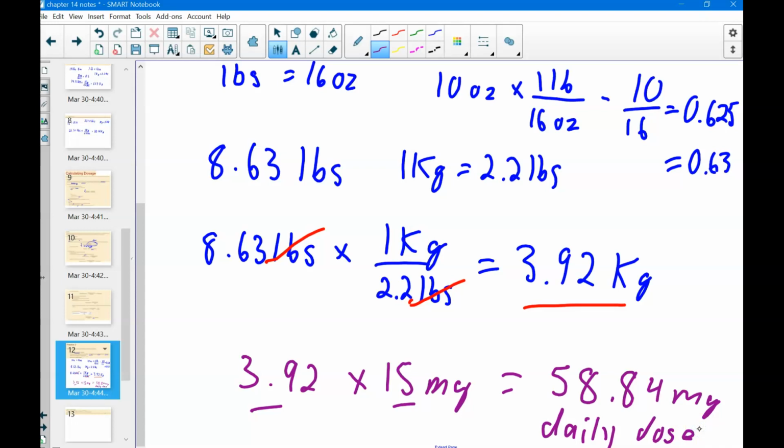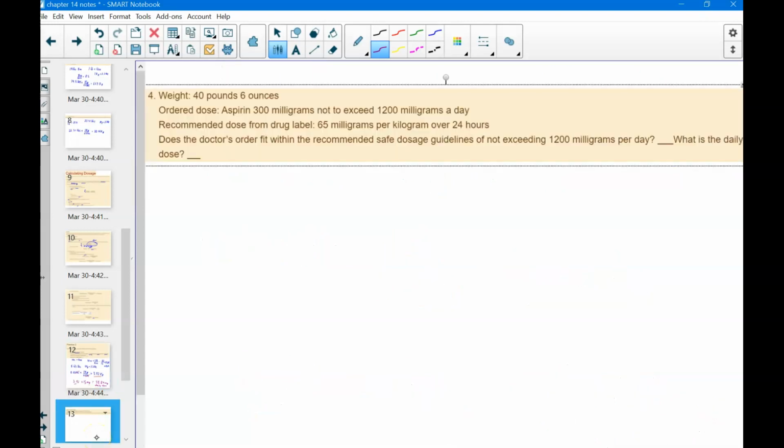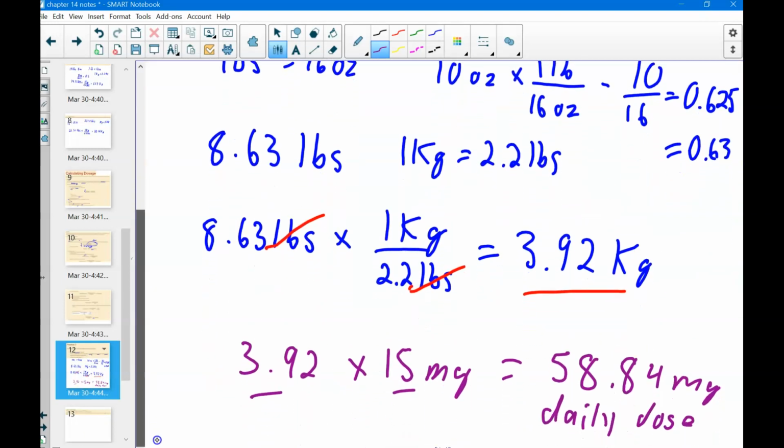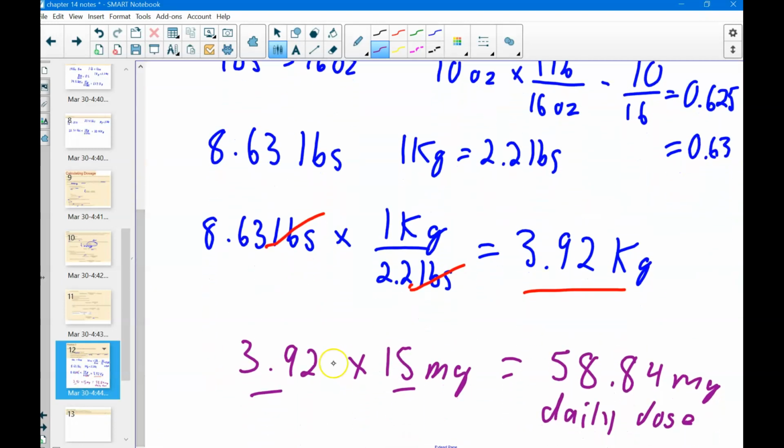Alright, hope that seems clear enough. It's not that bad. Just converting into kilograms, multiplying by the number of milligrams per kilogram. If I were to do this with the units involved, let me just show you before I move on.